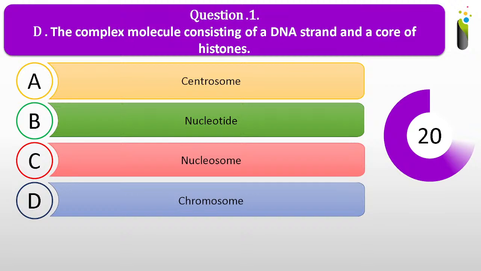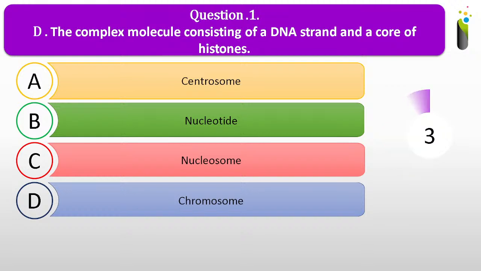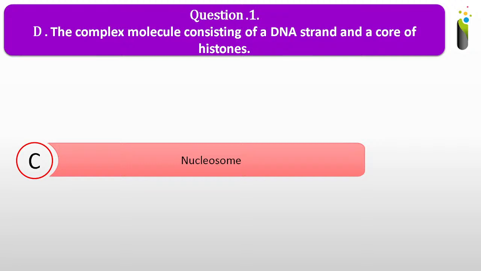So the complex molecule consisting of a DNA strand and a core of histones. And the correct answer for this question is C. It's a nucleosome.